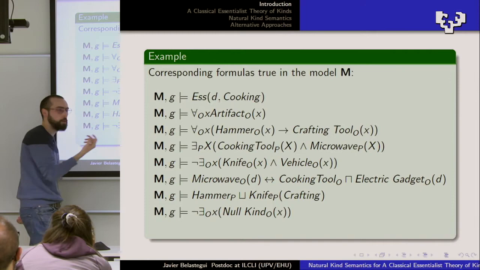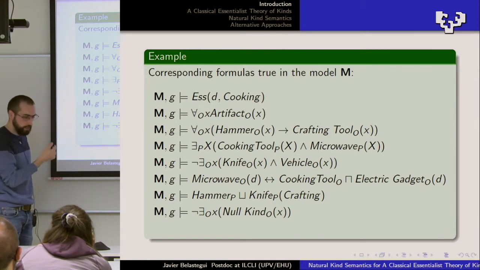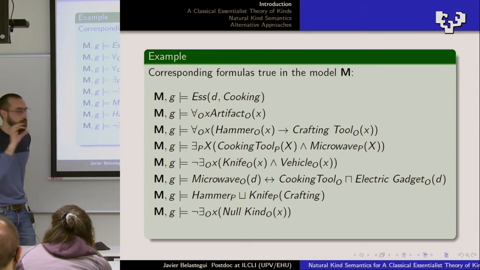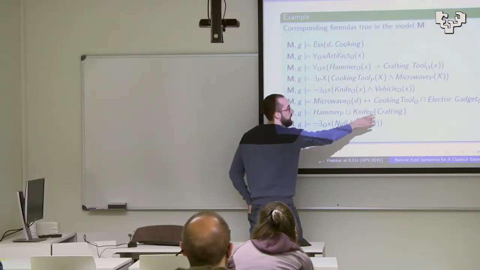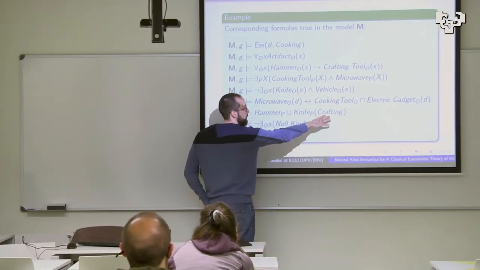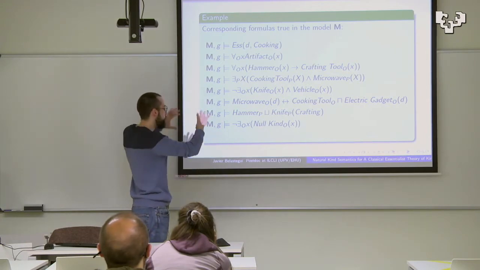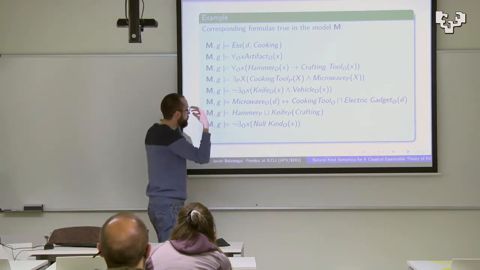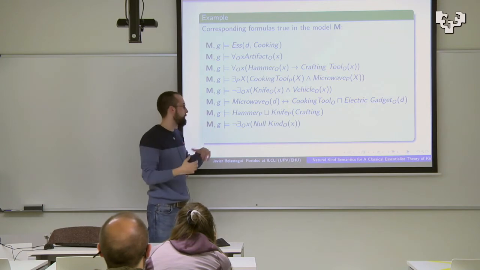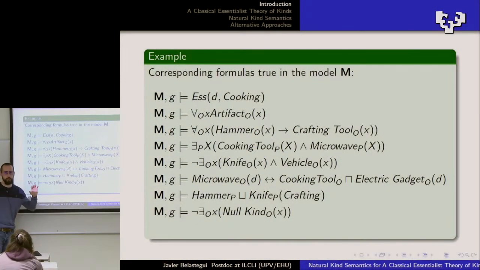For instance, we can say things that are basically due to the two-sortedness of the language. So for instance, the property or attribute of being designed for crafting belongs to what you could think of as the disjunction of the kind hammer and the kind knife.